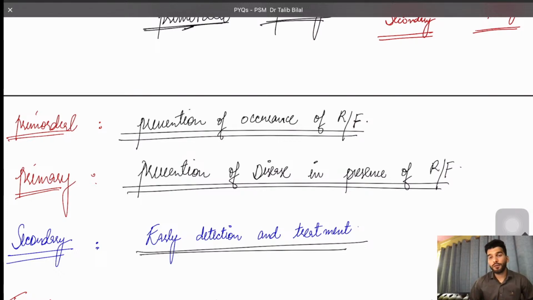Now CD4 count is less than 200. That means the patient will be more prone to Pneumocystis jirovecii pneumonia. We started the prophylactic drug cotrimoxazole, because it is the drug of choice. So using cotrimoxazole in an HIV positive patient is which level of prevention?